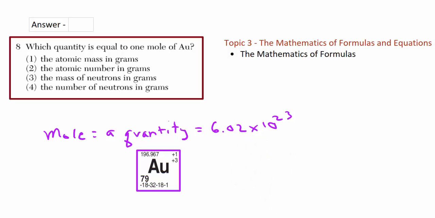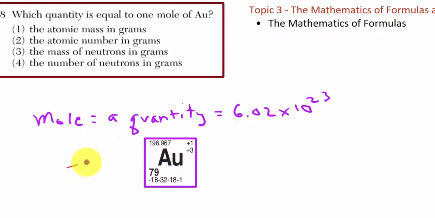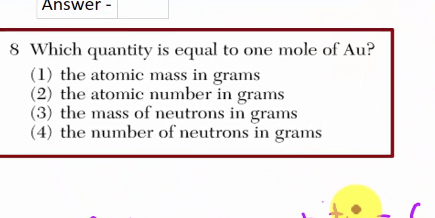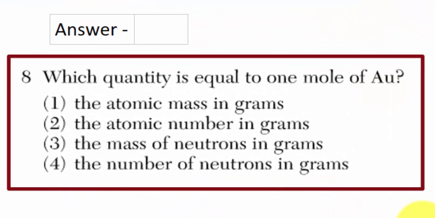The relationship between the mole and what we see in the boxes on the periodic table is that the mass values on the periodic table, here for gold we see 196.967, this mass value represents the mass in grams that you would need in order to have 6.02 times 10 to the 23rd atoms of that element. So in other words, the quantity equal to 1 mole of gold is equal to the atomic mass in grams. Answer number 1.